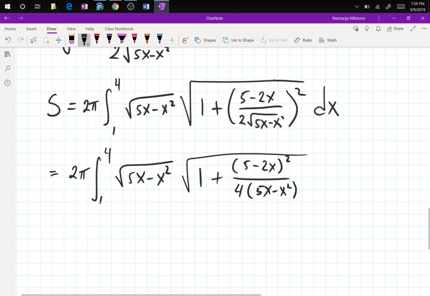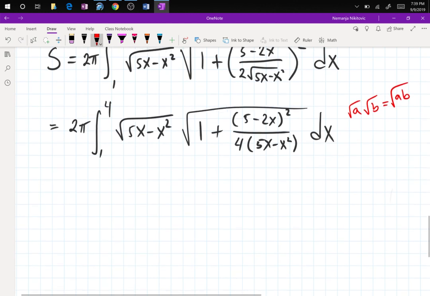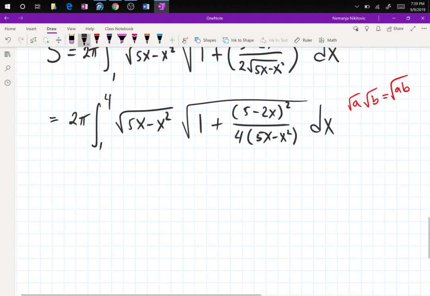Now, I am going to multiply these two. Oh, I forgot dx. Now I'm going to use the algebra rule: square root of a times square root of b is square root of ab. Meaning, I'm going to multiply the arguments of these two square roots, and we'll go from there.